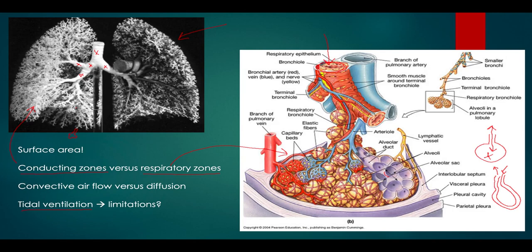And so that diffusion of oxygen into the alveoli or carbon dioxide out actually occurs quite quickly, right? It's a short distance, and diffusion in air is much faster than diffusion in water because of the viscosity of the solution. Air has very low viscosity compared to water.